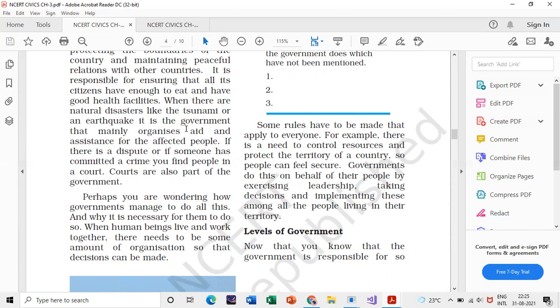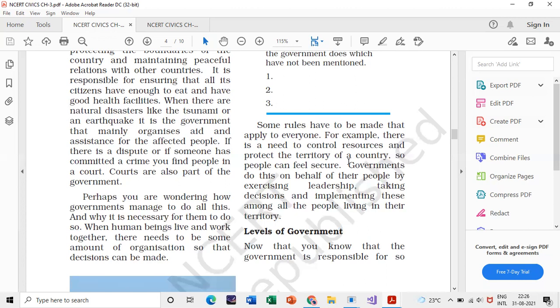Okay, and then the next thing, here it's an important line again, that the courts are also part of the government. Why do you think we need courts to make rules and implement them, right?